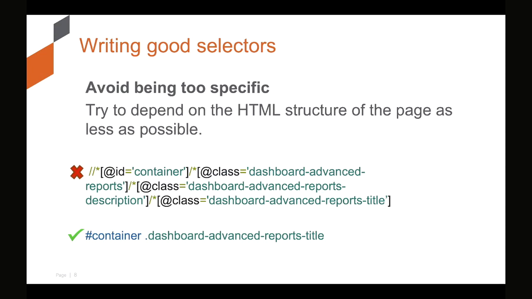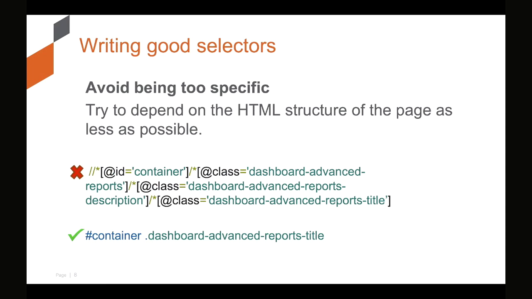So avoid being too specific. A good selector is always a balance between strict and loose matching of elements in the DOM. So try not to be extremely specific. If you look at the first example, you have too much information in there, which clearly can be avoided.